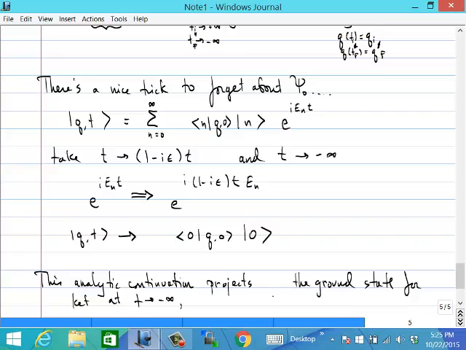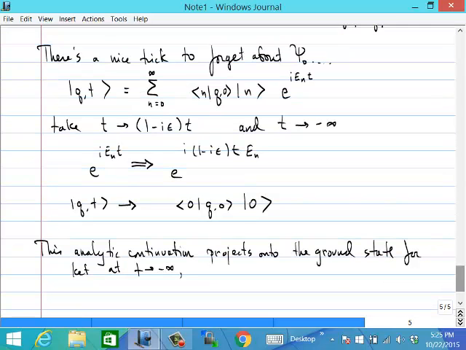It projects onto the ground state. And if we were to imagine doing this for bra vectors instead of kets, you would get an e to the minus iEt instead of plus iEt. So for a bra instead of a ket, it would project onto the ground state as t goes to plus infinity.